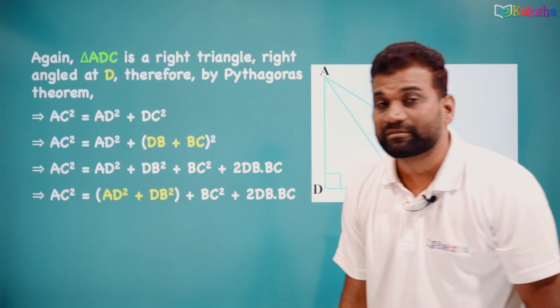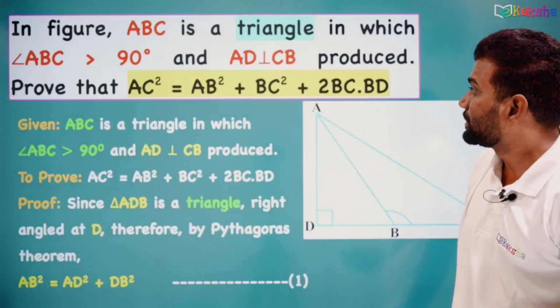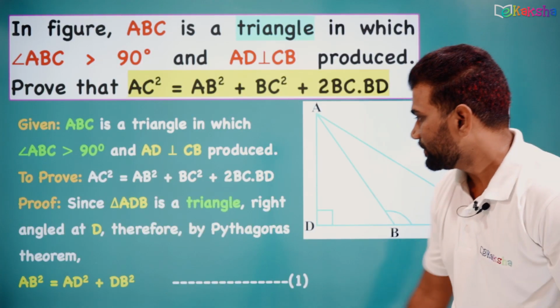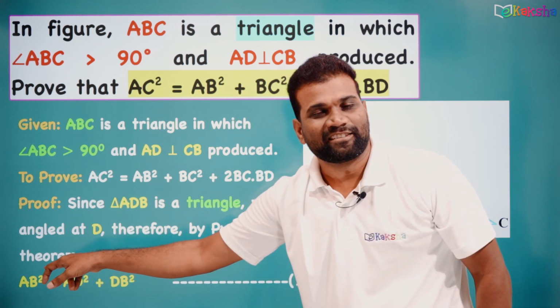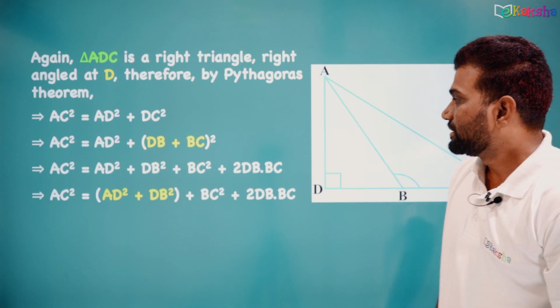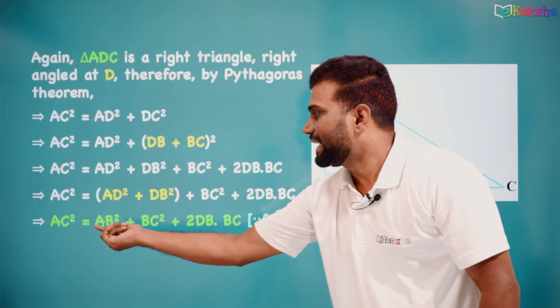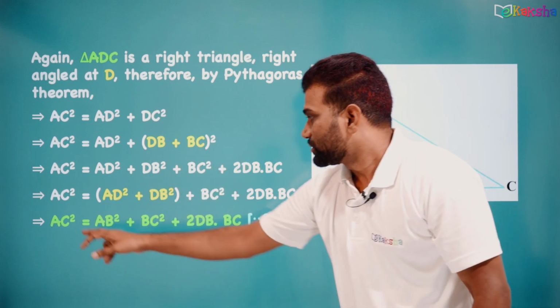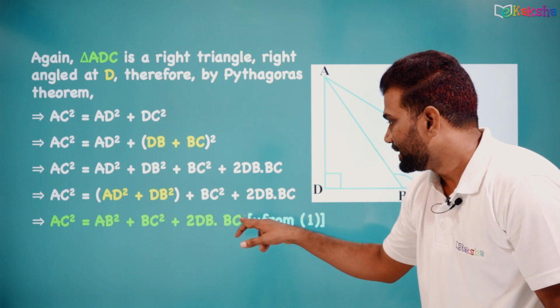What did we get earlier? In equation 1 we proved that AD square plus DB square equals AB square. So we replace AD square plus DB square with AB square. So AC square equals AB square plus BC square plus 2 times DB into BC.